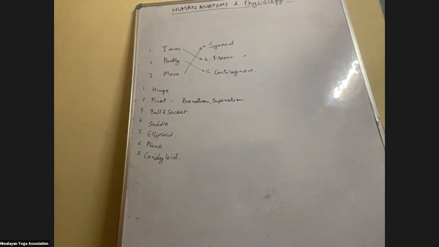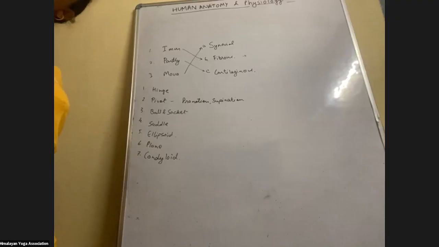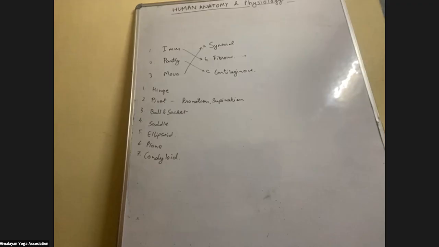Example of ball and socket: hip and shoulder. Which is more movable? Shoulder has more movement, and more stability in the hip.